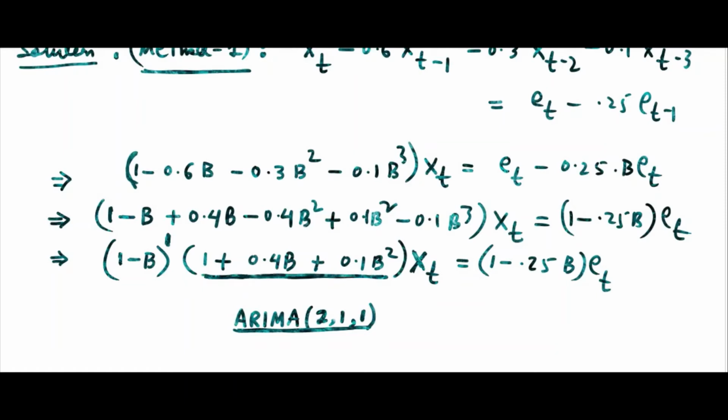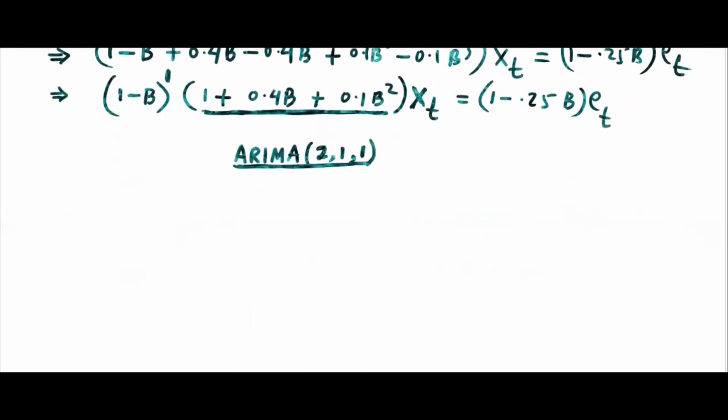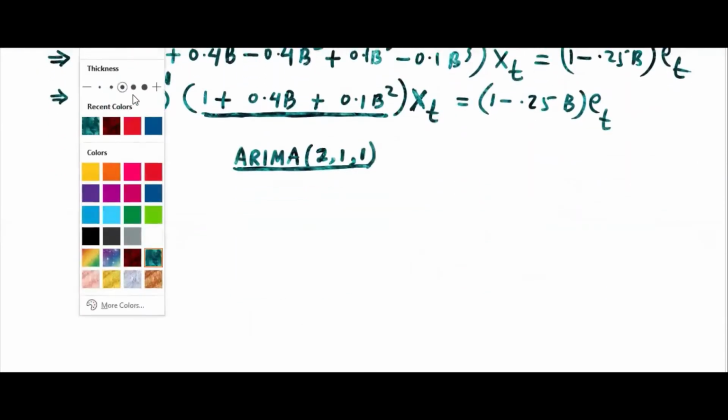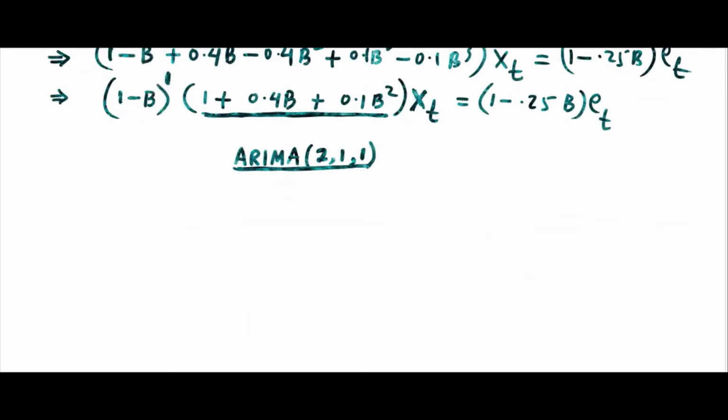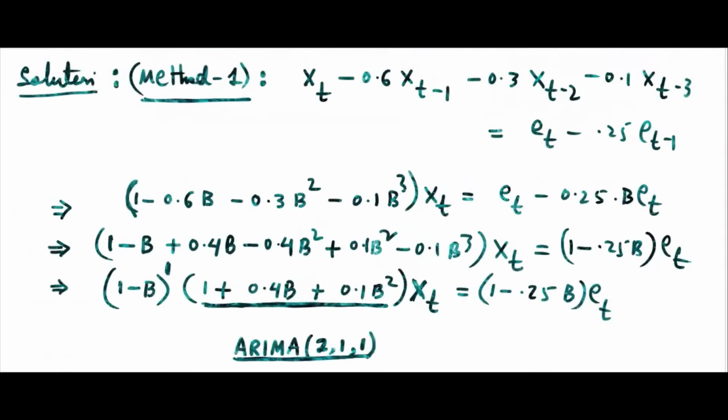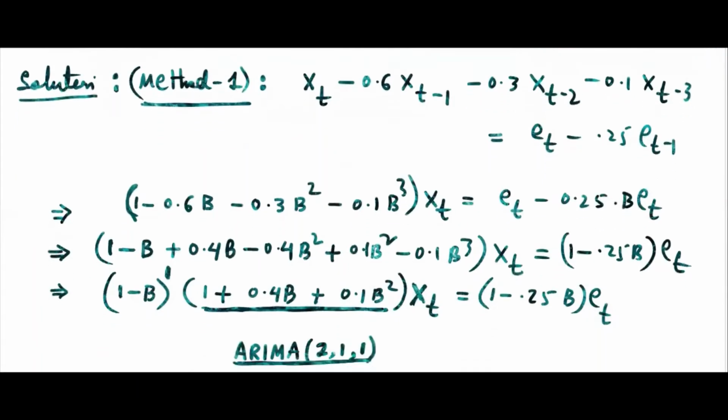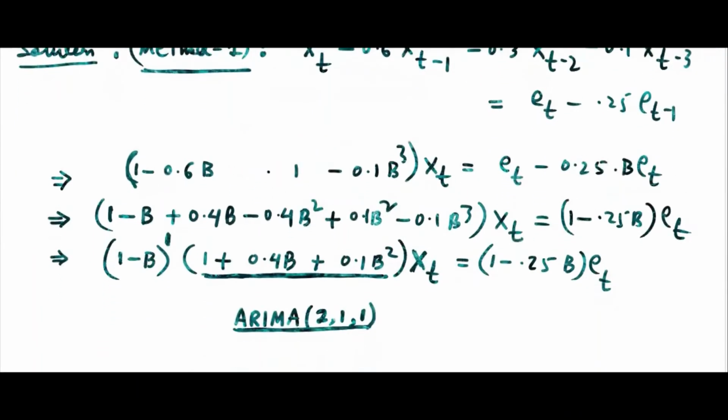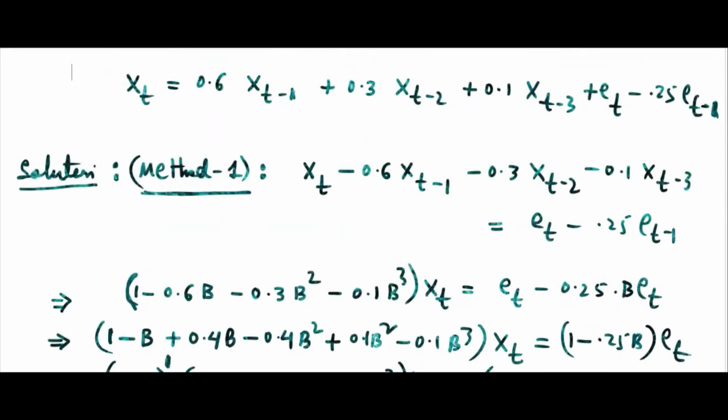We'll do it by another method. Let's go to method 2. In method 2, we'll apply the old ways. Better I will erase everything, it will be easier for me to do once again.